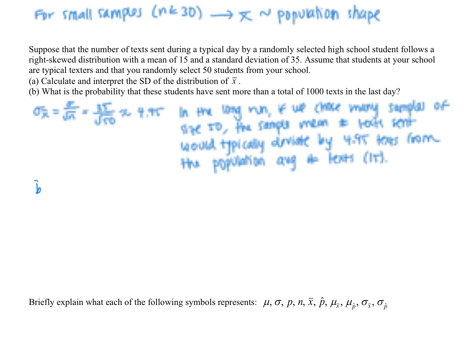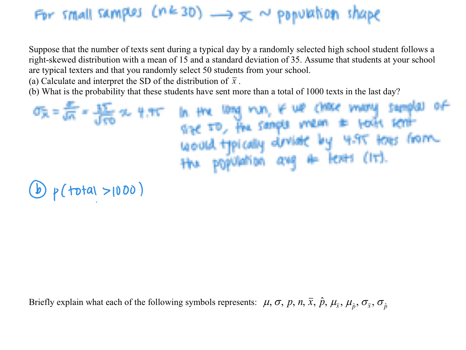Okay, part B. What is the probability that these students have sent more than a total of 1,000 texts in the last day? So probability that the total is more than 1,000. Now, we don't know anything about the total. We don't have the mean, we don't have the standard deviation, we don't have a shape.